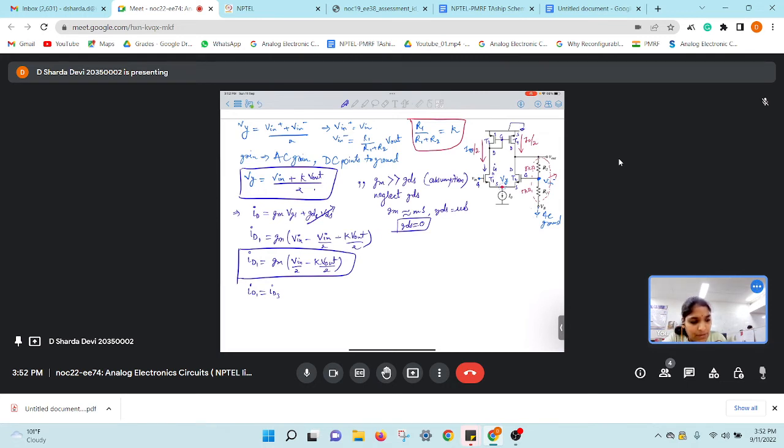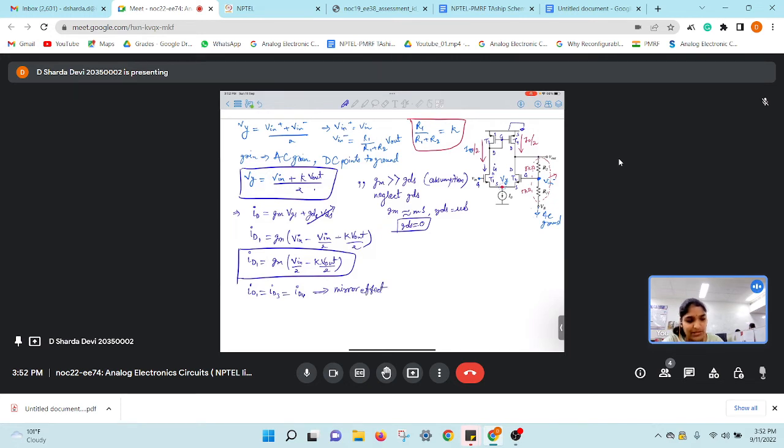So our current through transistor 4, that is ID4, will also be equal to ID1 and ID3. This we can also call the mirror effect.